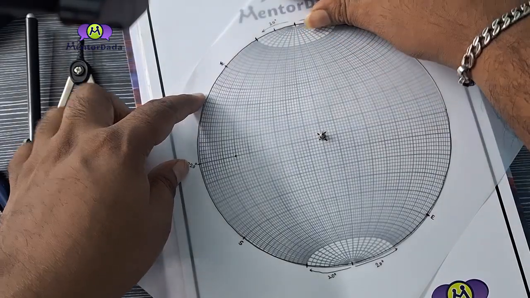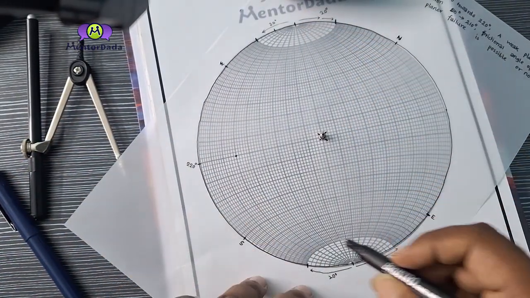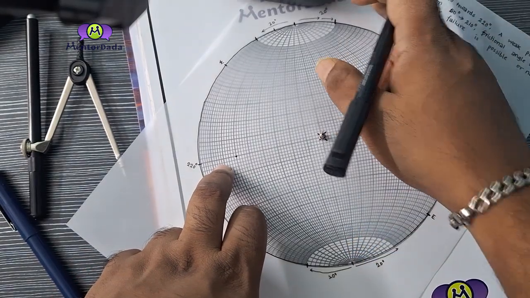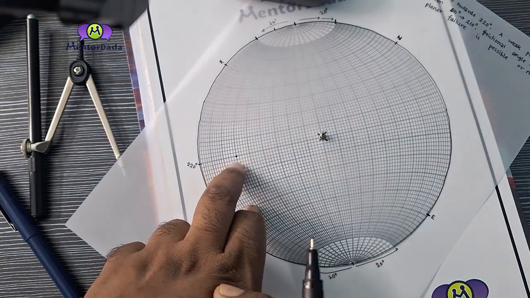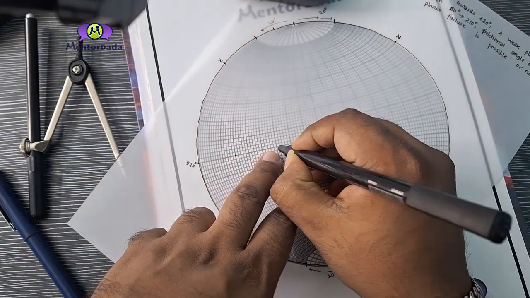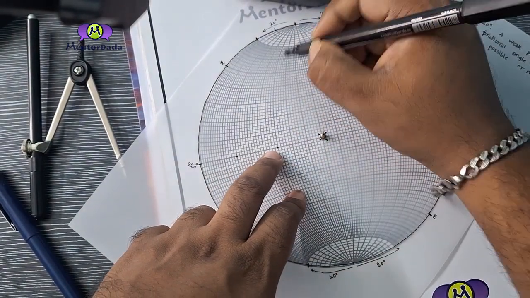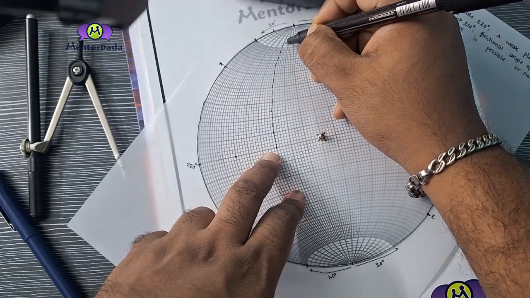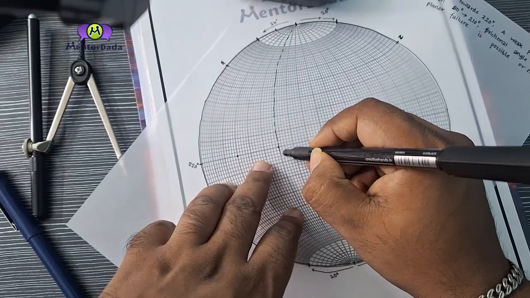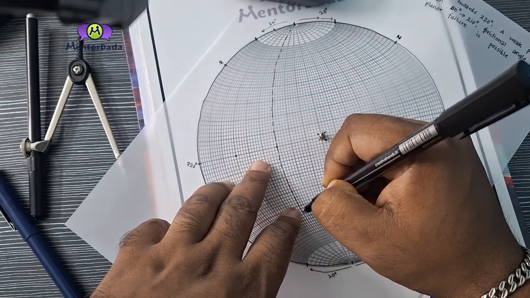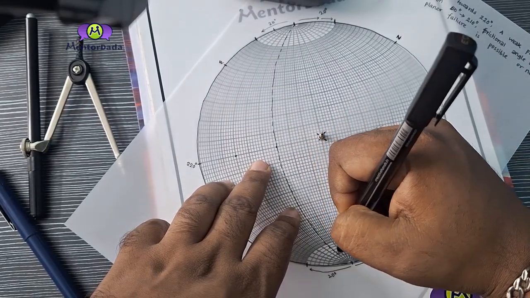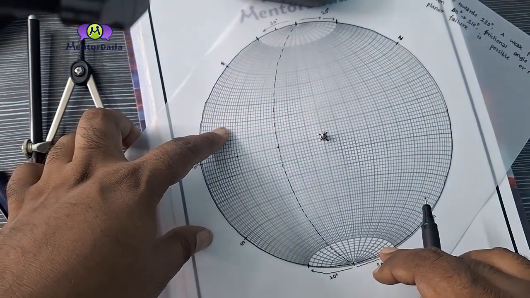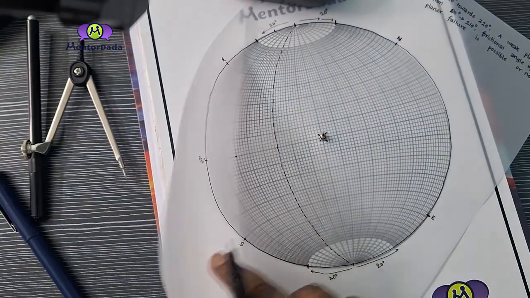We can draw the initial great circle, that means the orientation of the slope face, 60 degree towards 220. Clear?